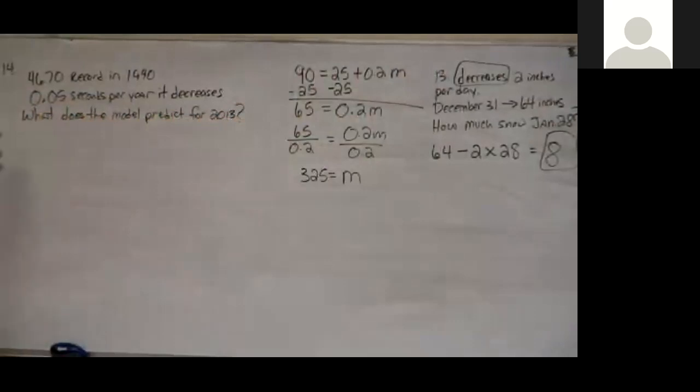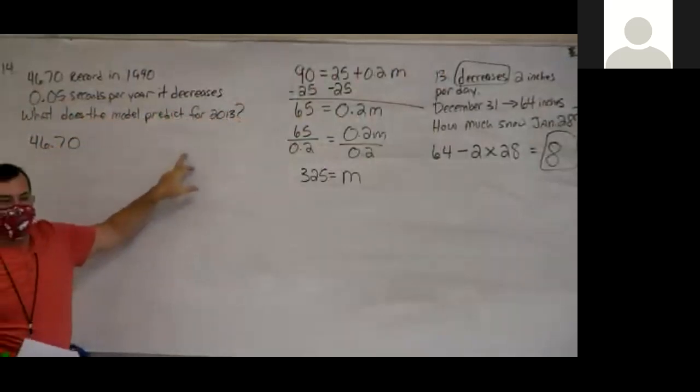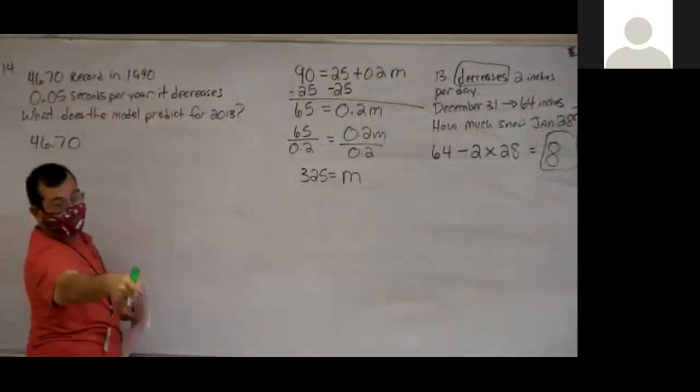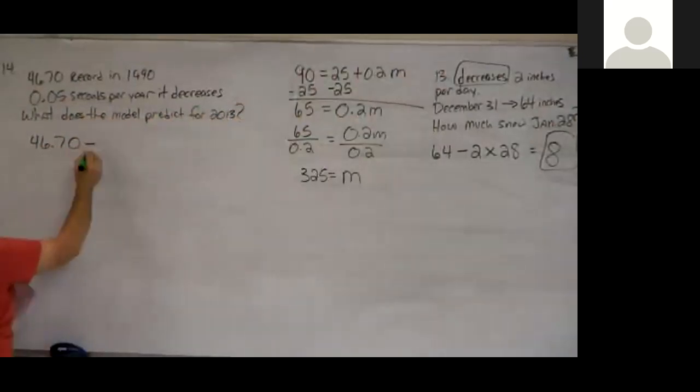So on this one, I took the 46.70 that I started with. Am I going to add or subtract? Subtract, because you're right, falling and decreasing means subtracting. So how many years is that from 2013 to 1990? Wow, I think it's 40.